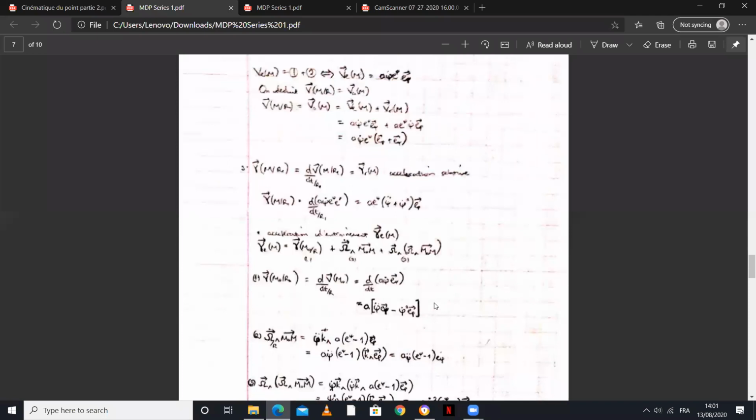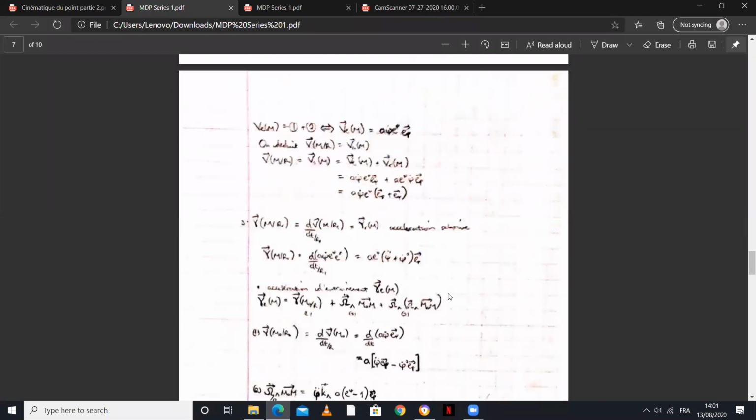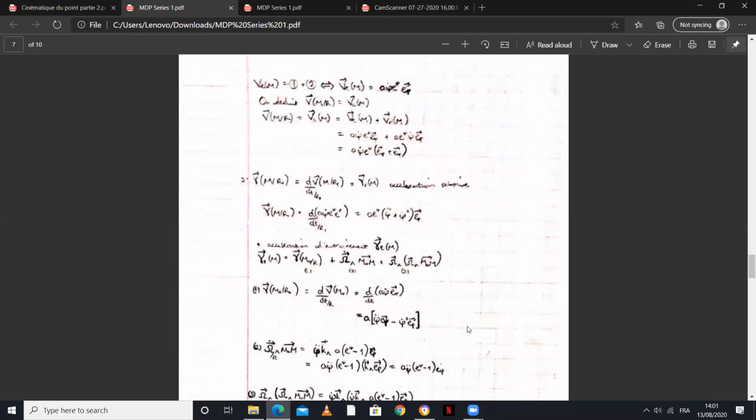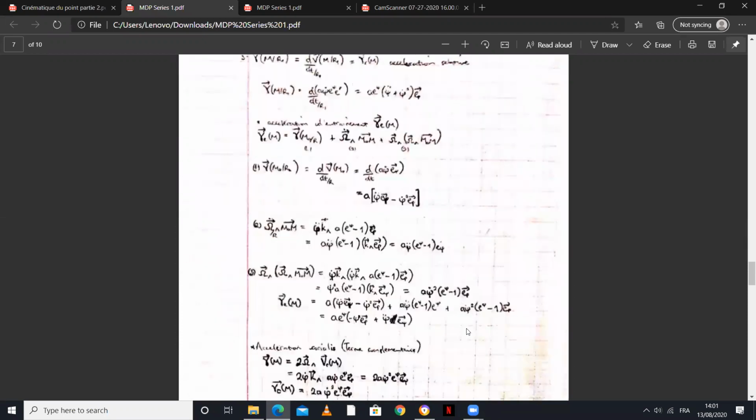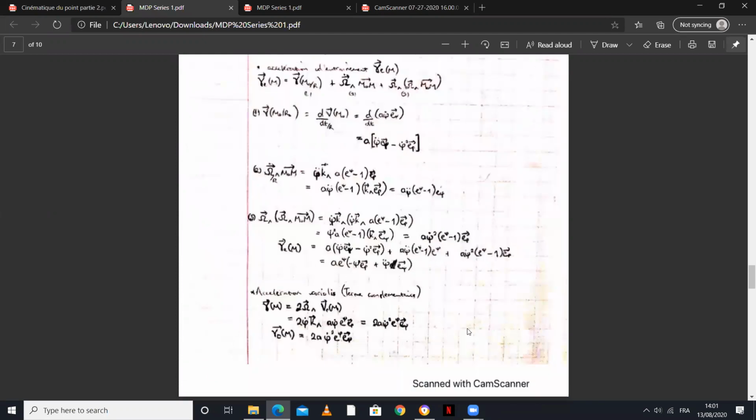But it's better you just work with vitesse d'entraînement, then you work with your vitesse relative and you get your answer. Because when you try to derive it directly, you need to use la formule de Bour and do that. But when you go with the formulas vitesse d'entraînement and vitesse relative, you won't need to use la formule de Bour, because it was already used to get those formulas.